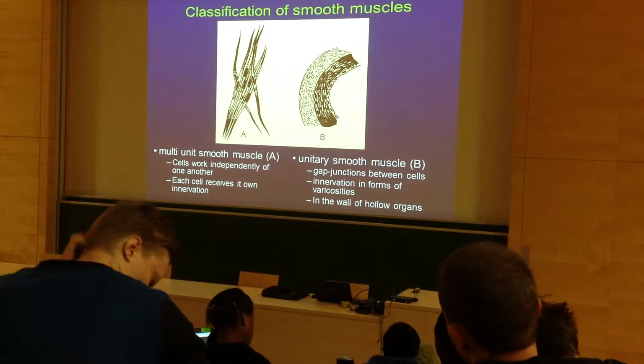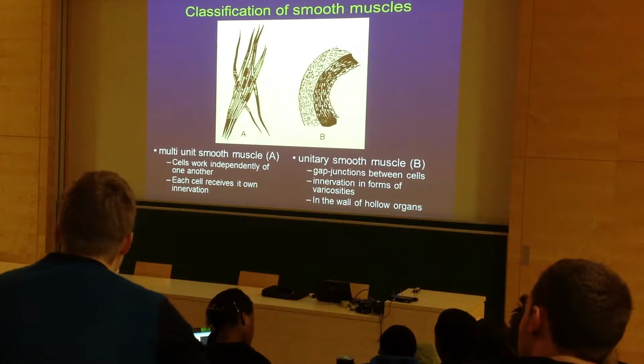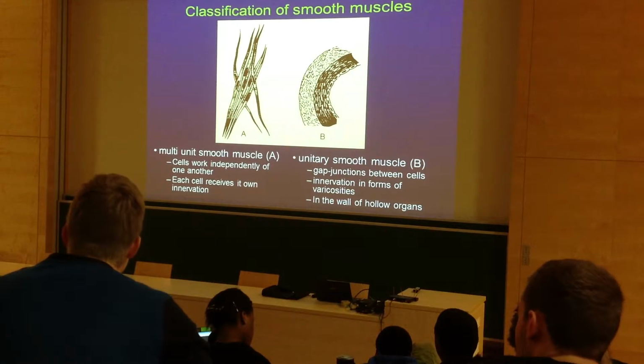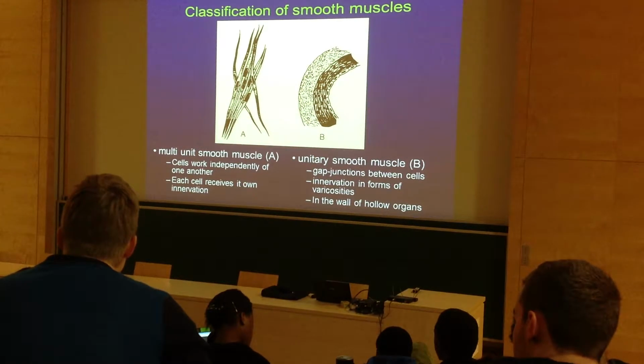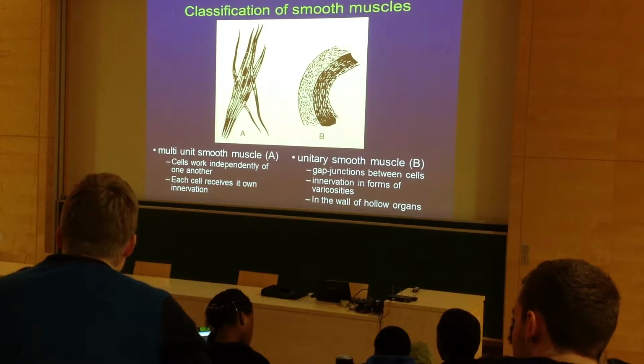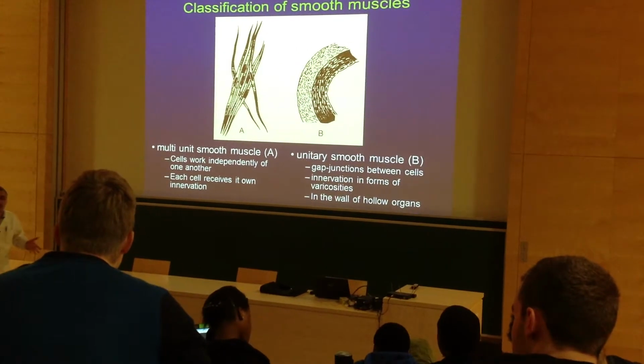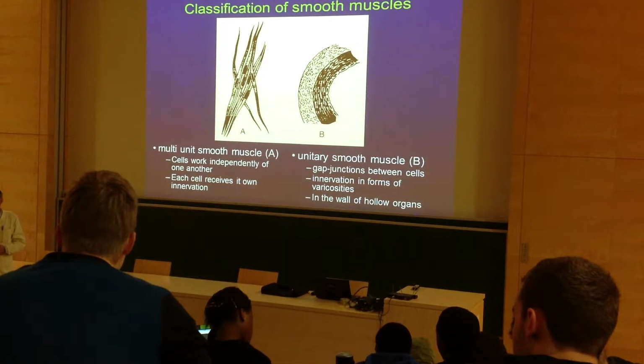Multi-unit smooth muscle cells, on the left here, can be envisioned as individual cells working in complete distinction from their neighbors.